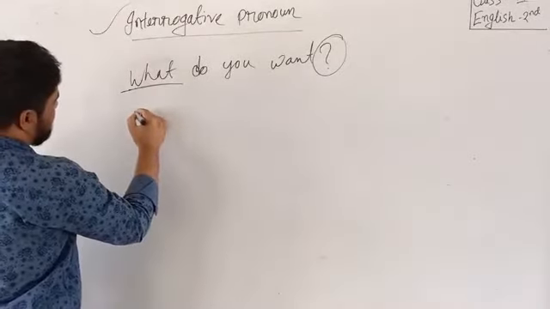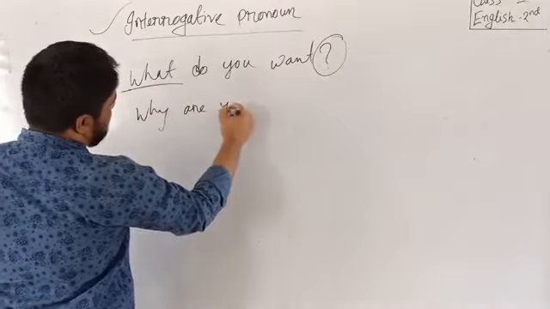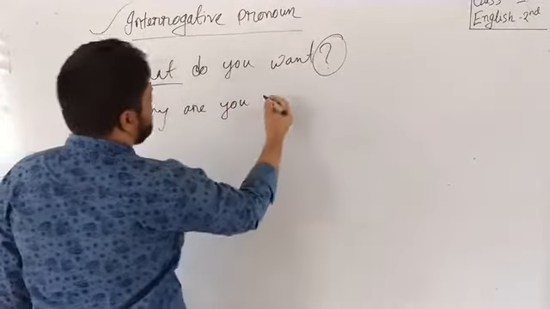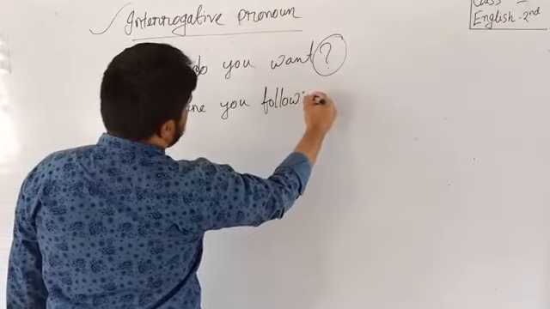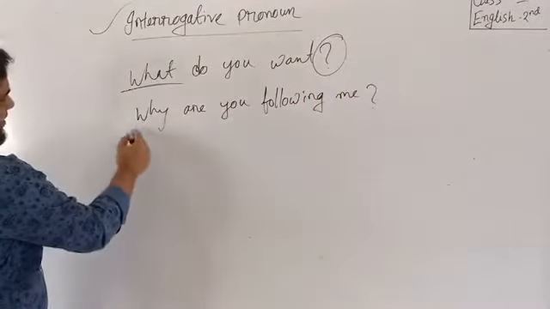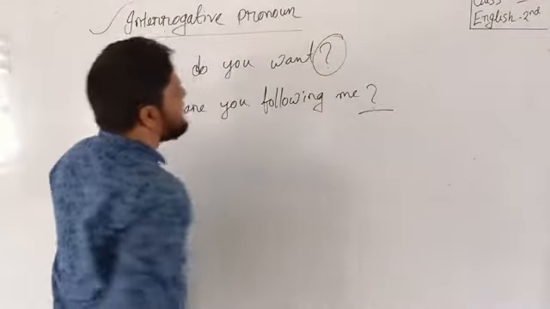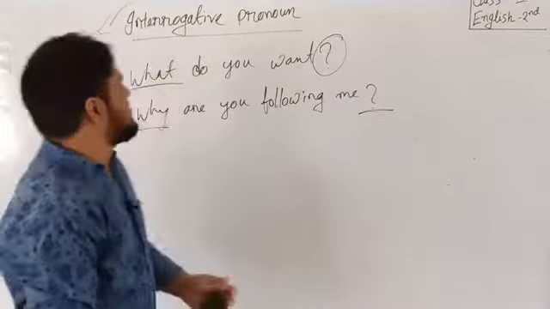Another example, why are you following me? Here it starts with a WH question and ends with a question mark or note of interrogation, and for this reason it is called interrogative pronoun.